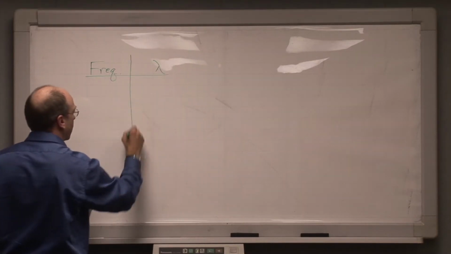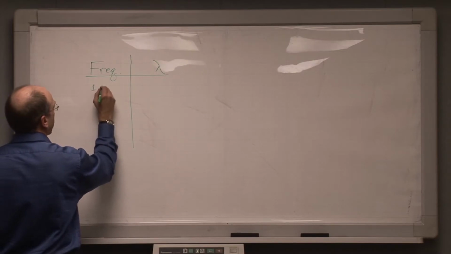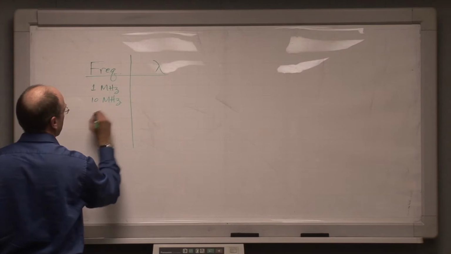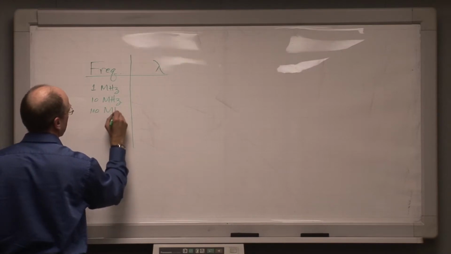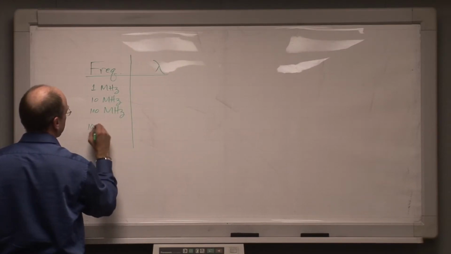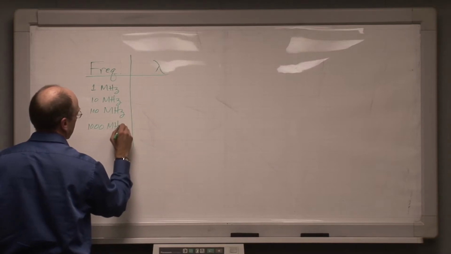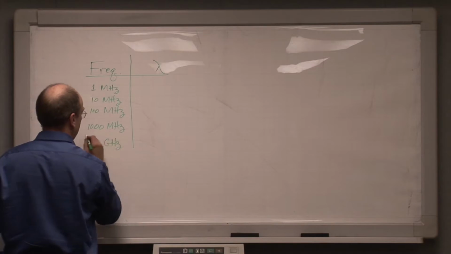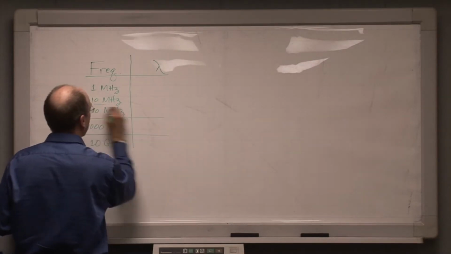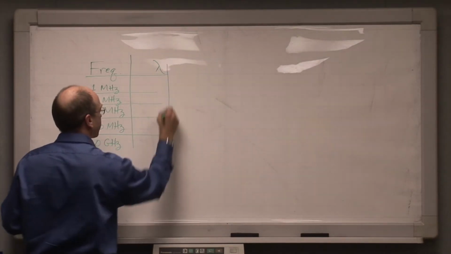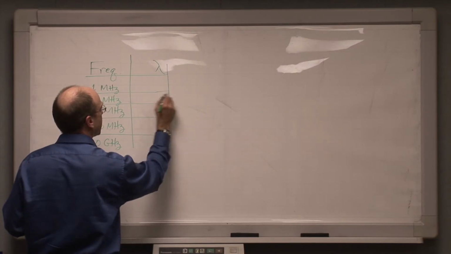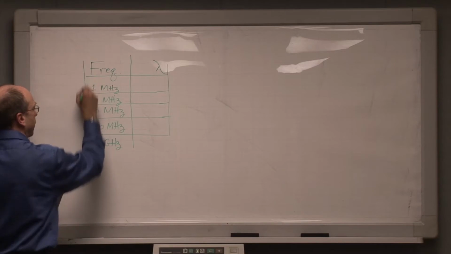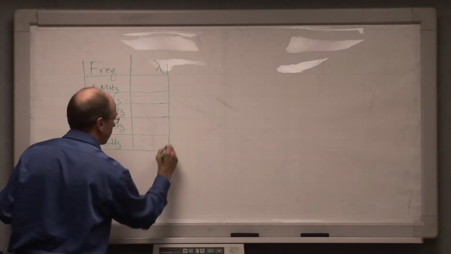And we'll do this for 1 megahertz, 10 megahertz, 100 megahertz, 1,000 megahertz, a gigahertz, and finally we'll just do 10 gigahertz, like so. We want to know this because we want to know what size antenna we would need to build in order to produce fairly strongly directional beams for any particular frequency that we might ever need to work at.